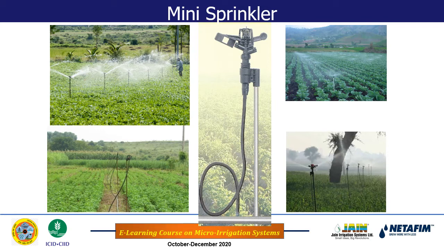In case of the mini sprinkler, the components are less expensive, and it is possible that we irrigate the entire field with one set only. Okay, so the mini sprinkler irrigation system is also becoming popular.